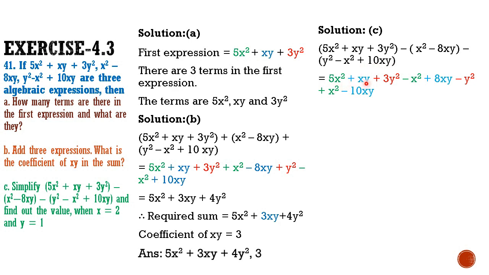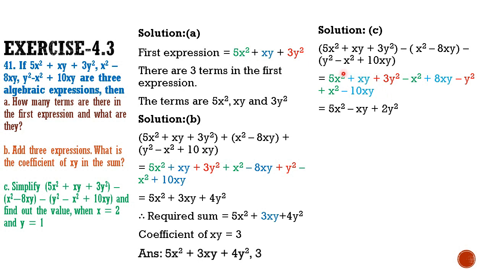So 5x square plus xy plus 3y square, and for being minus we will write down minus x square, and for this minus and minus, that should be plus. That's why we will write down plus 8xy minus y square, minus and minus, that should be plus. We will write down plus x square, minus and plus, that should be minus. We will write down minus 10xy.